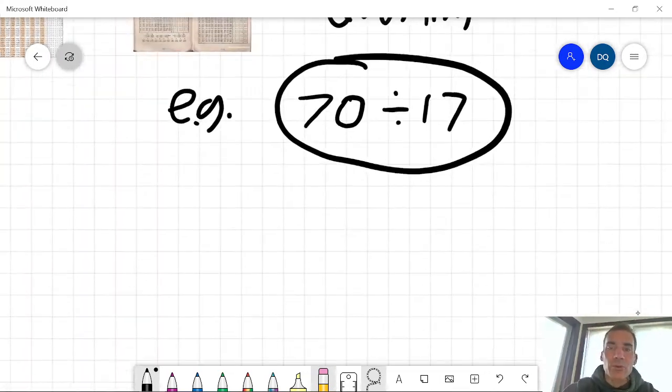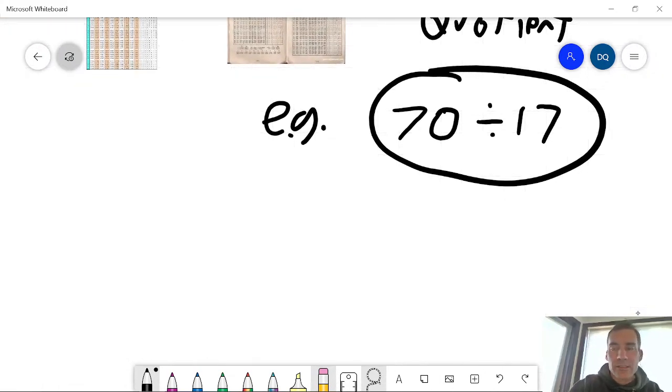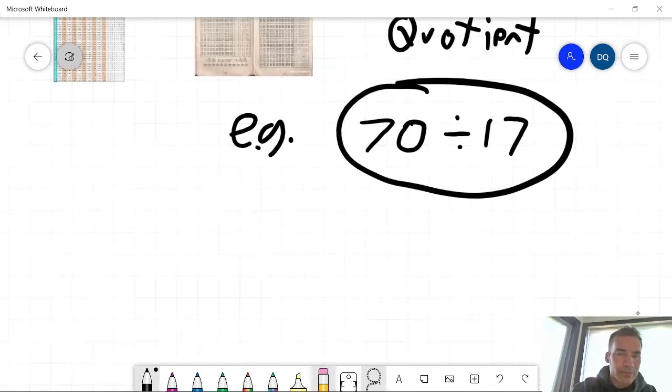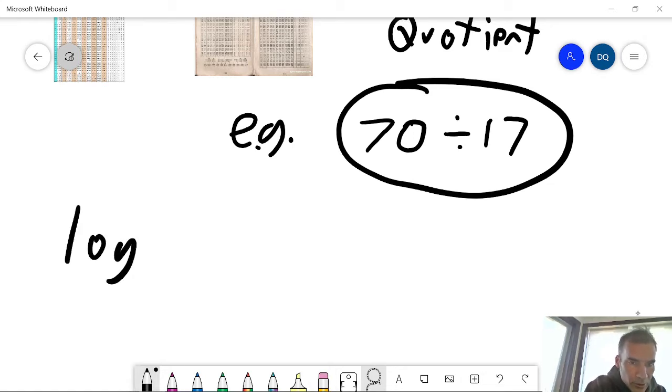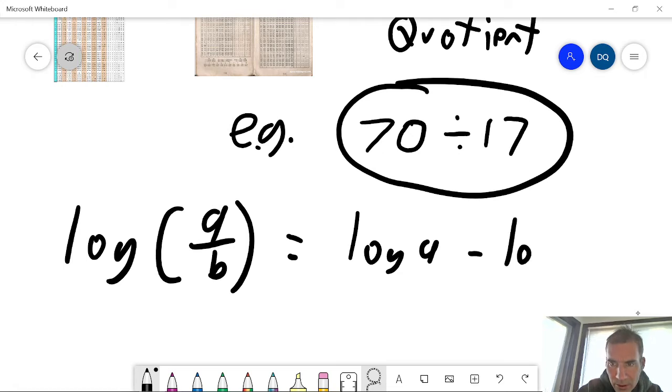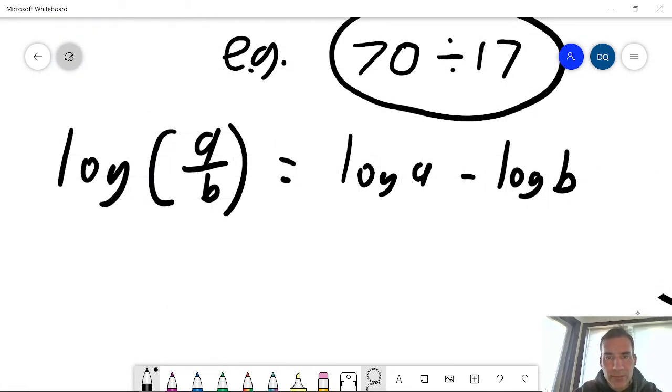There's a log rule, and the log rule is, well, there are a few of them, but we're going to look at the quotient rule. And that is the log of a quotient. So the log of, let's say, A divided by B is equal to the log of A minus the log of B. This is the quotient rule for logs.